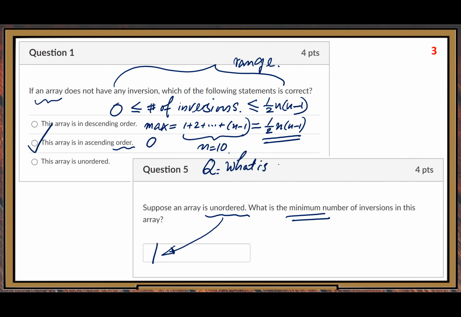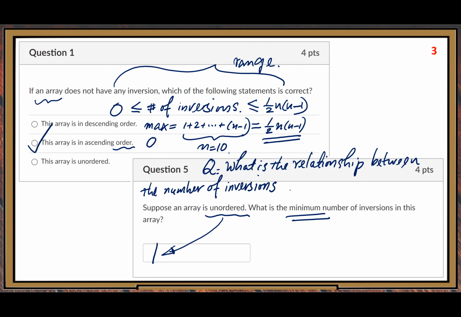What is the relationship between the number of inversions and the number of, sorry, number of comparisons needed to sort the array?